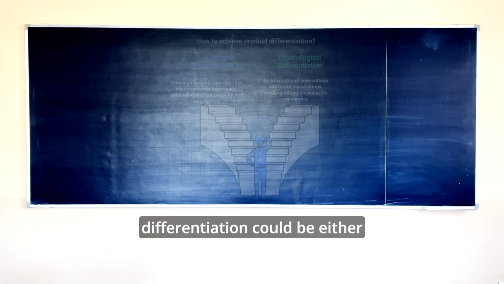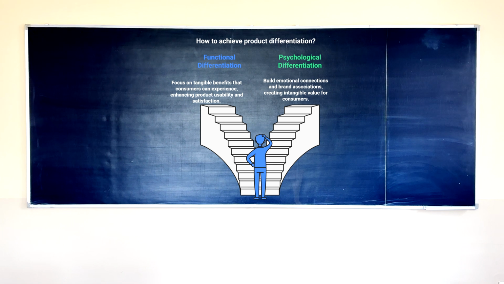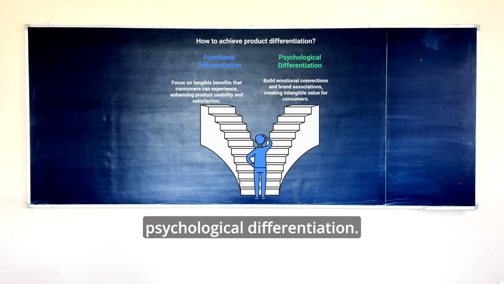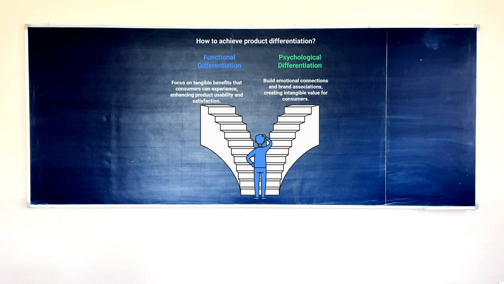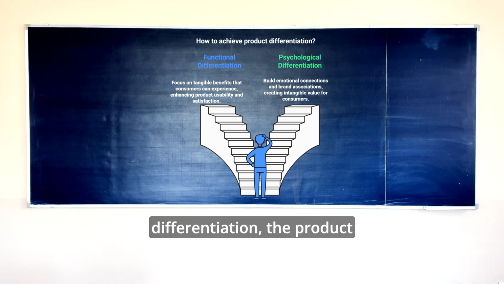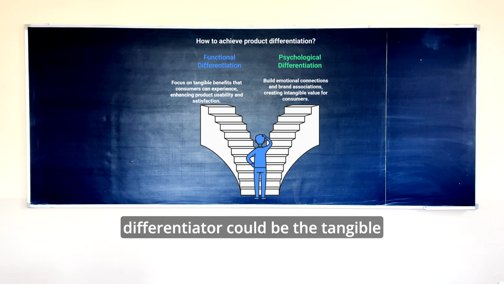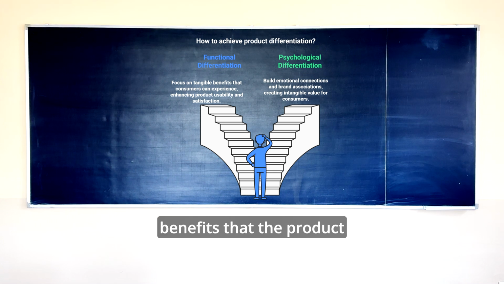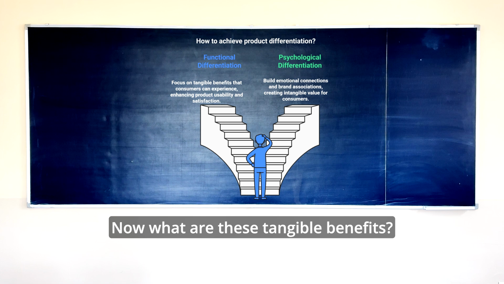Now, when I look at differentiation, it could be either functional differentiation or psychological differentiation. When I'm looking at functional differentiation, the product differentiator could be the tangible benefits that the product is offering to the end user. What are these tangible benefits?